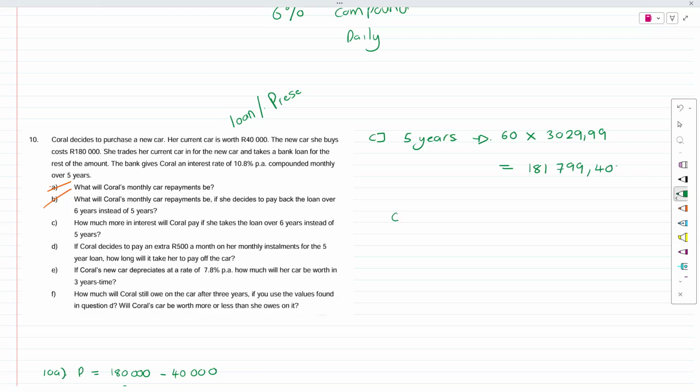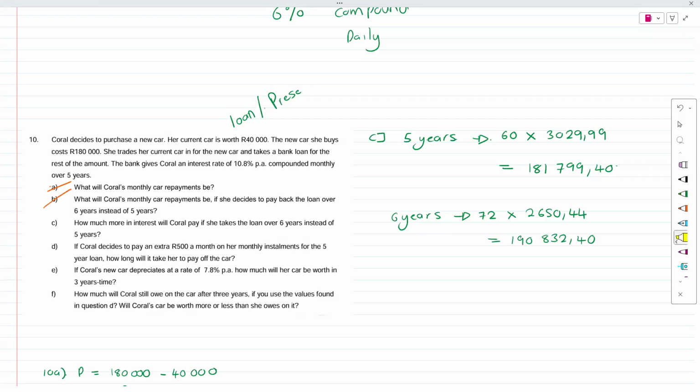The 6-year loan, 6 years is technically 72 months times, and her amount is 2,650 rand, 0.44 cents. And that equals 190,832.40.